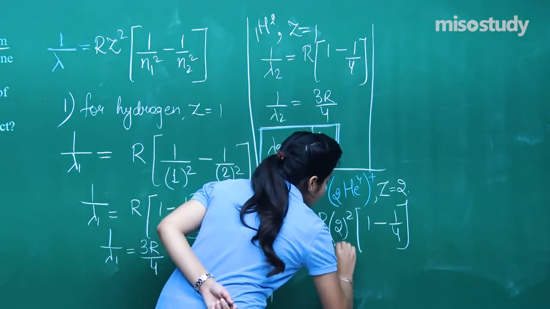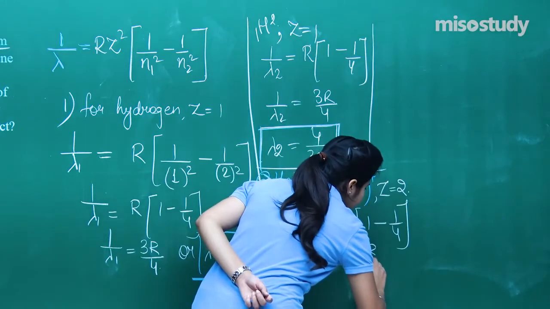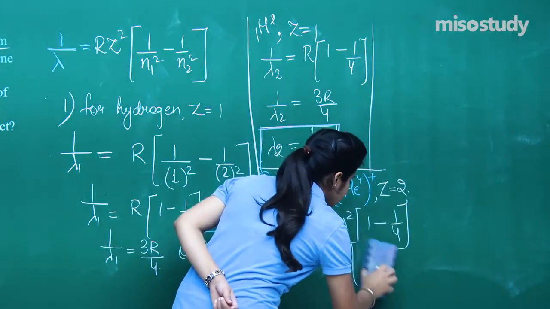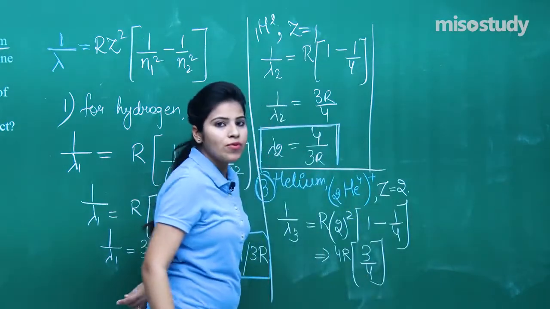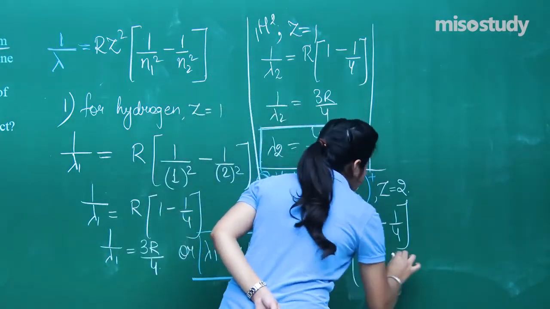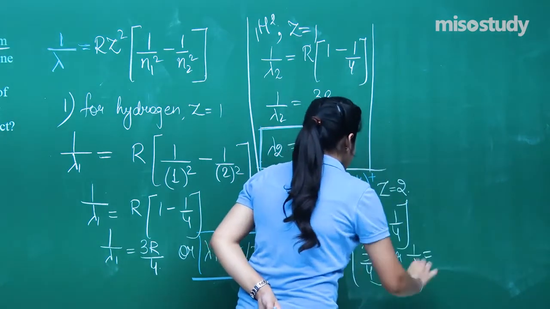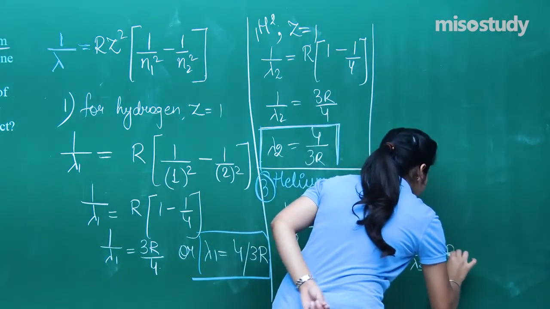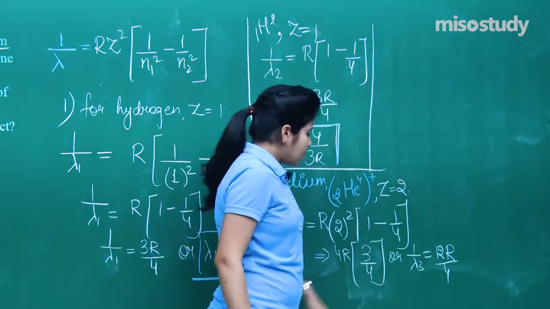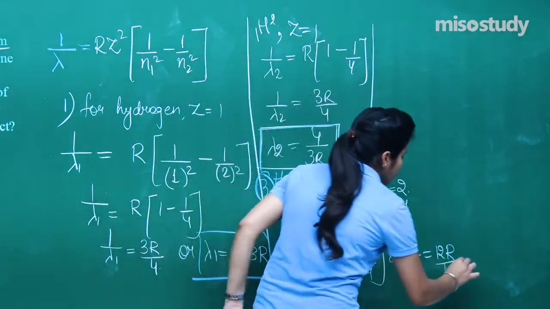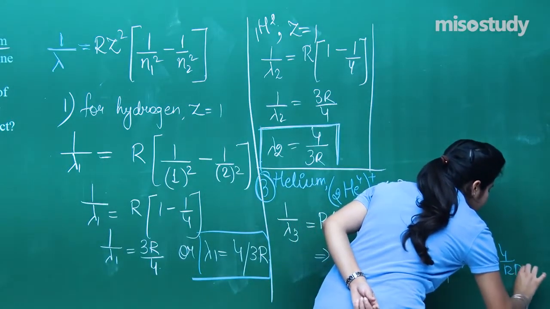So we will have 4R into 3 by 4, so 1 by lambda 3 is 12R by 4, isn't it? From here you can write lambda 3 equals 4 by 12R.